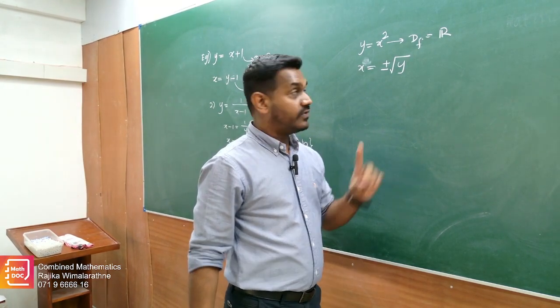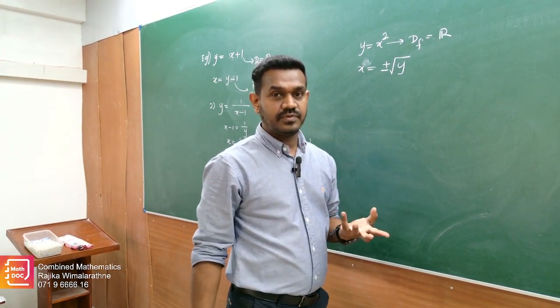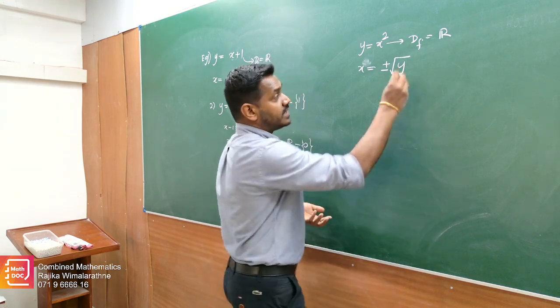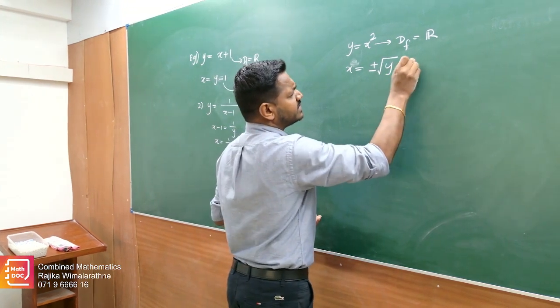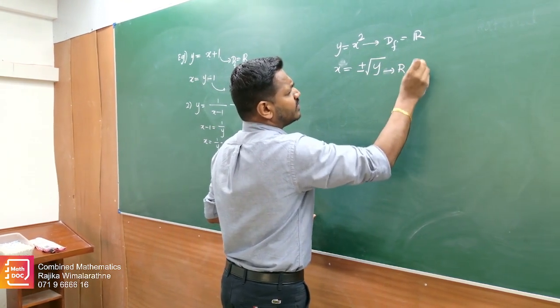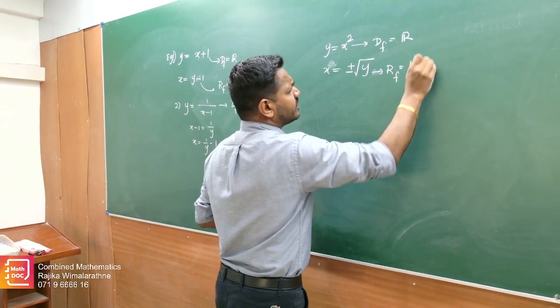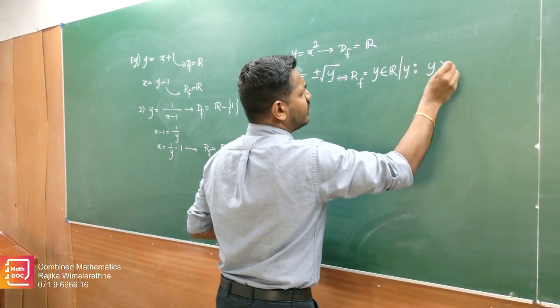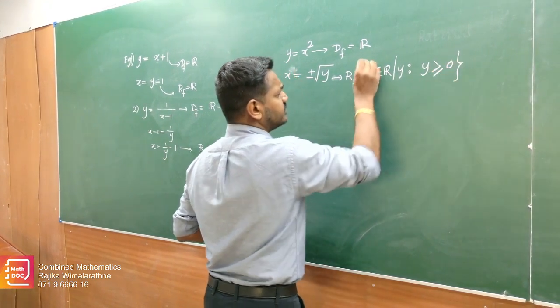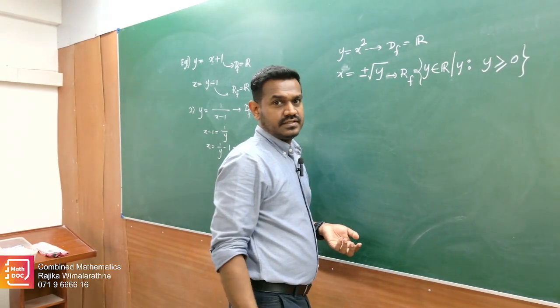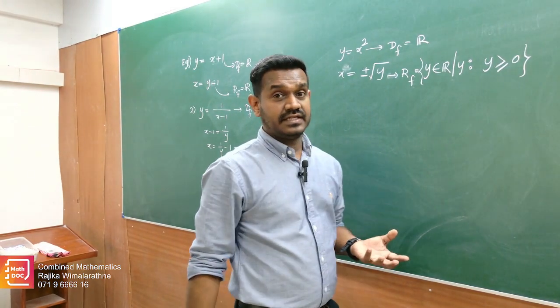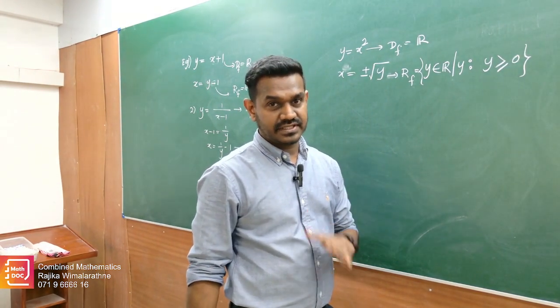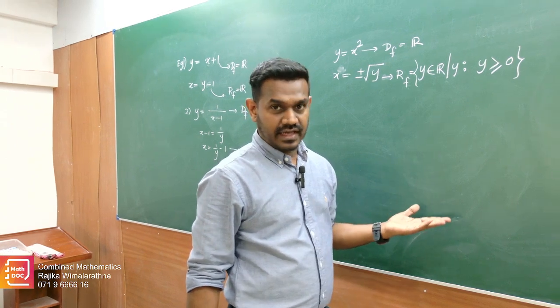We know that for an irrational thing, what is within the square root must be positive or 0. So here the range is real values y such that y is greater than or equal to 0. To represent range you take y, and to represent domain you take x.